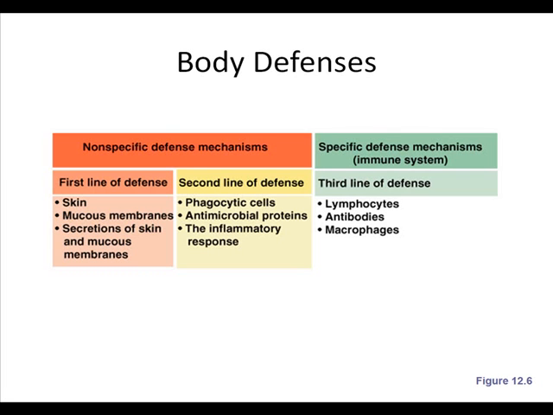So the skin, if it's intact and you don't have any cuts, is a really strong defense. It would be very difficult for an invading organism of some kind to actually get through all those layers of dead skin into your body.